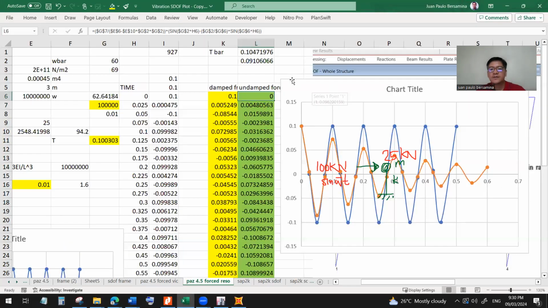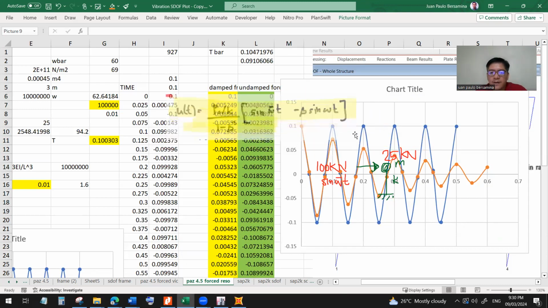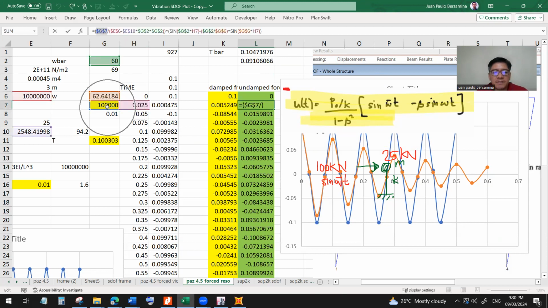So that's the formula. So P sub 0 over K, yeah, this is the P over K, which is this one, times 1 minus beta square.